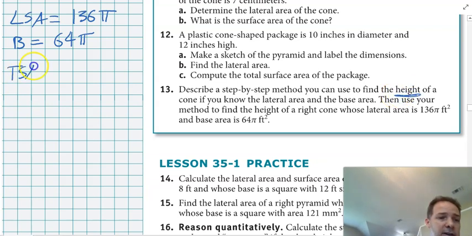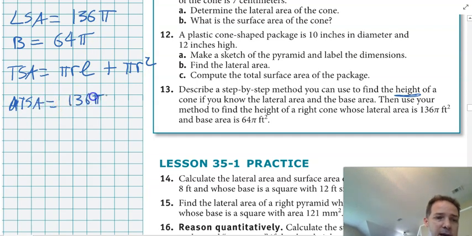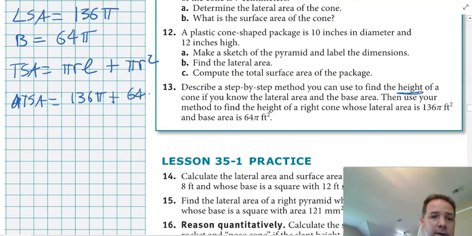Total surface area equals pi r L plus pi r squared. If I wanted to plug in here, I know that this is the lateral and this is the base area, so I could plug in total surface area equals 136 pi plus 64 pi.